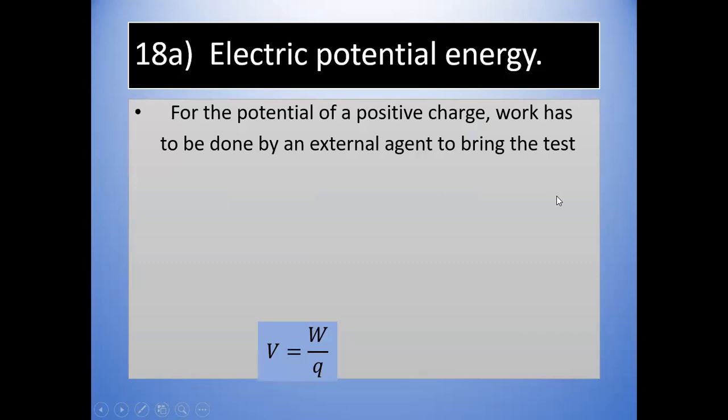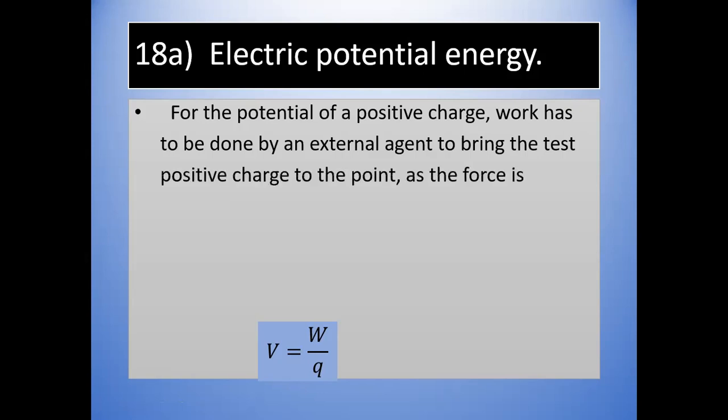Remember, usually we take a positive charge. There's a repulsive force there to bring the charge from infinity to the point. So if I have a positive charge and I want to find the potential of this positive charge, I have to bring a test charge Q from infinity to the point.